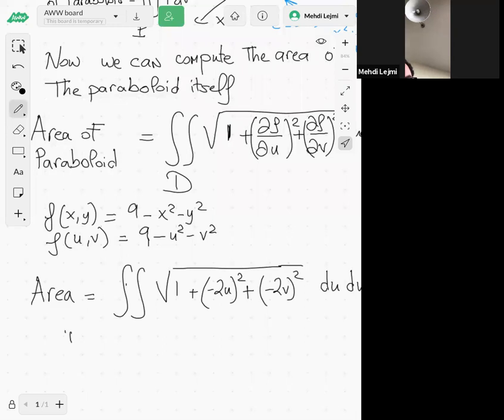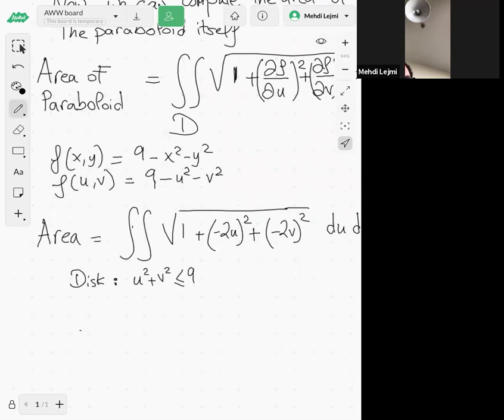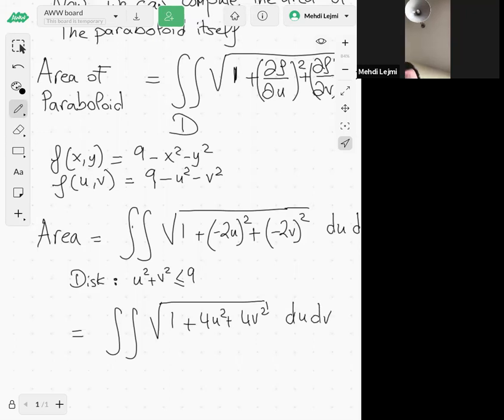So this is the disk, u squared plus v squared less or equal to 9. Anyway, so this is actually equal to the double integral of the square root of 1 plus 4u squared plus 4v squared du dv, where u squared plus v squared is less or equal to 9.